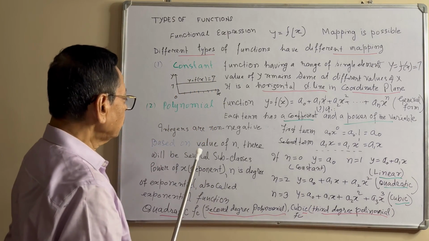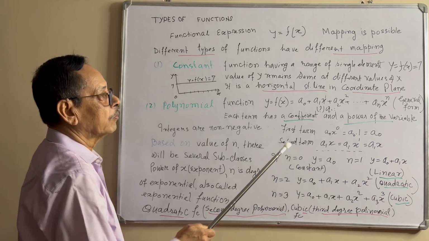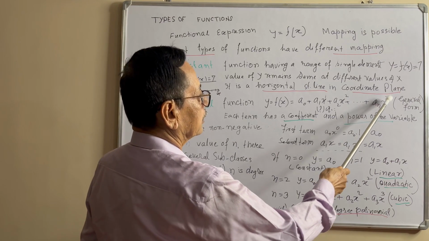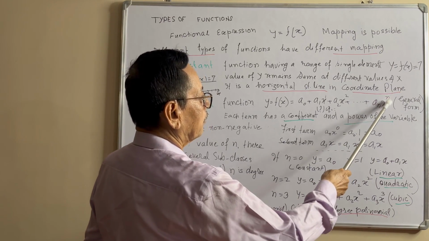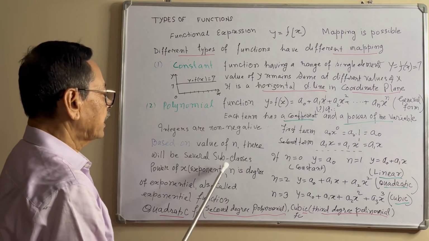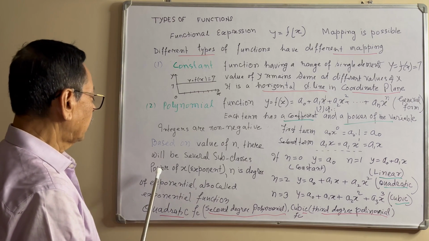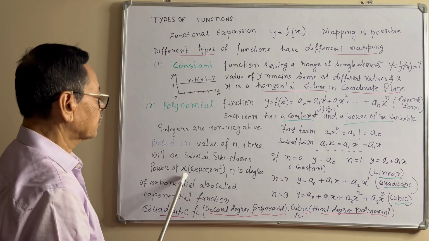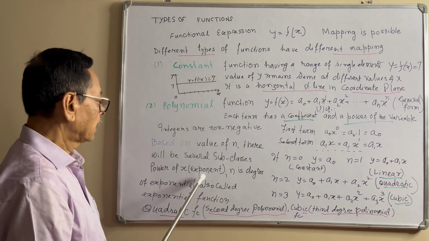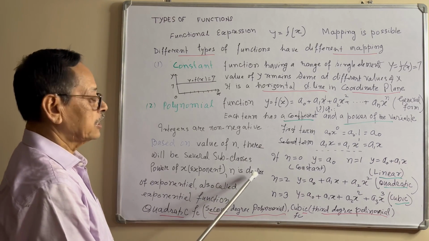Now, based on the value of n and the number of variables, based on the value of power, there will be several subclasses. And the power of x is also called the exponent, and n is the degree.